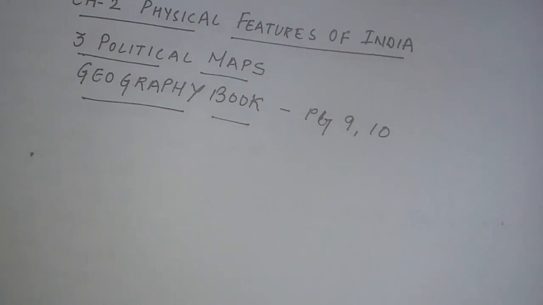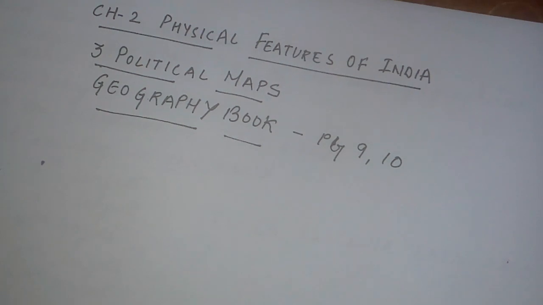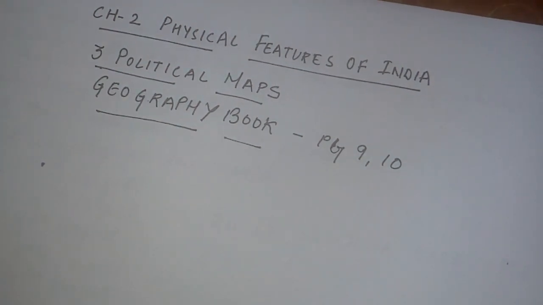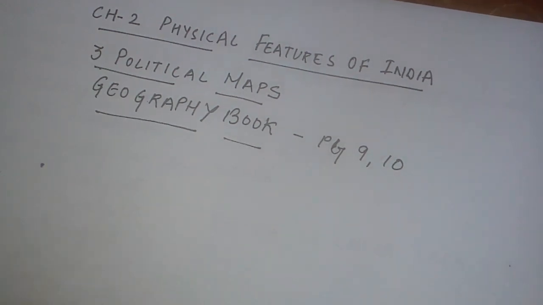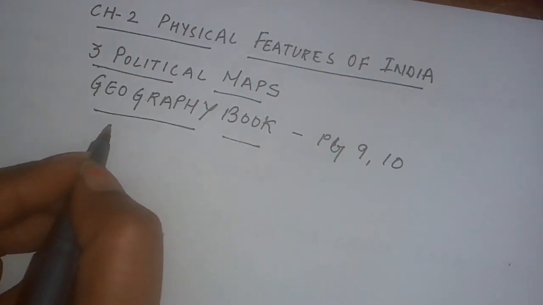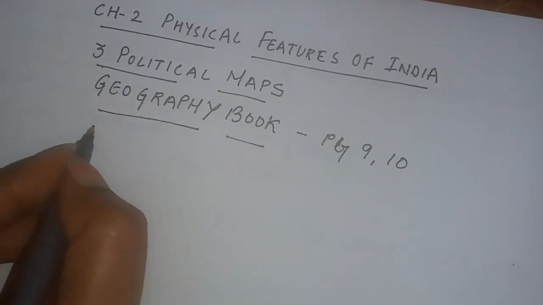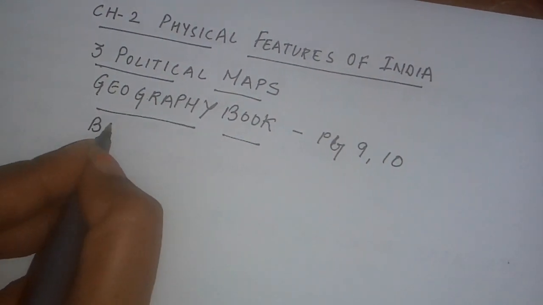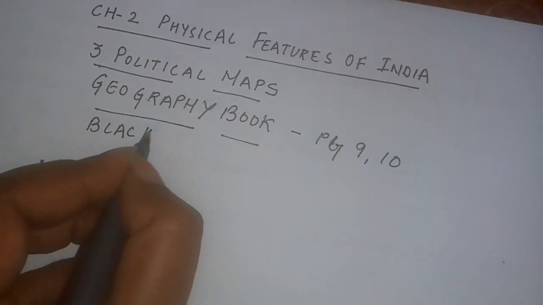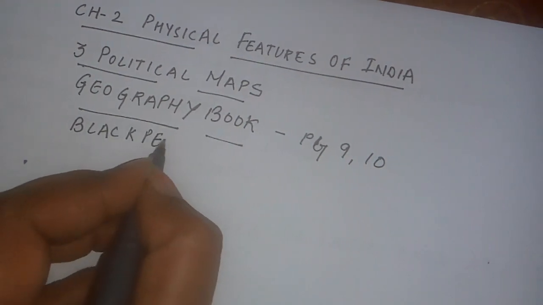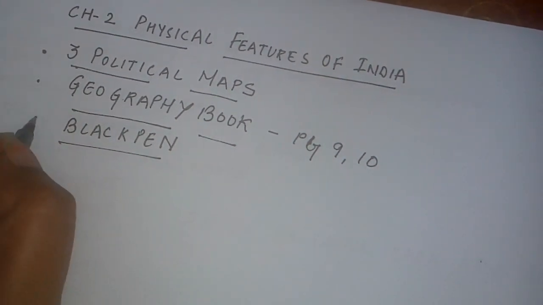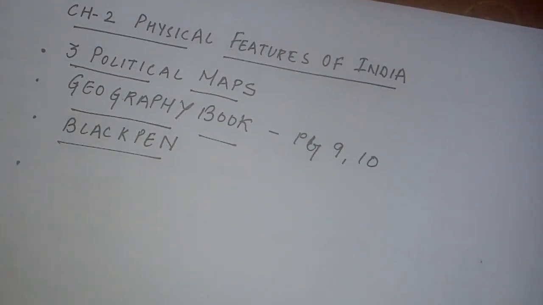We'll be taking help from the geography book from page 9 and 10. 3 political maps we'll be needing, and you are going to mark all the spottings with black pen. So these are the 3 basic requirements for doing the map work.